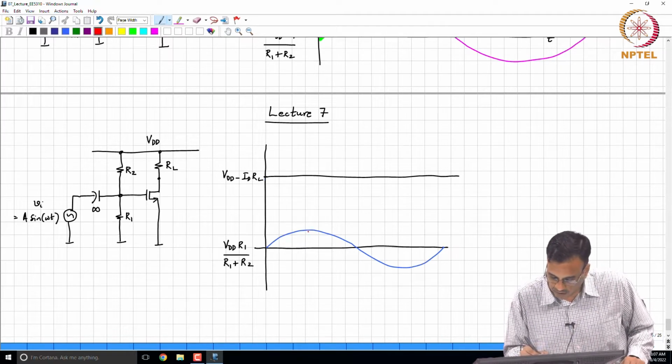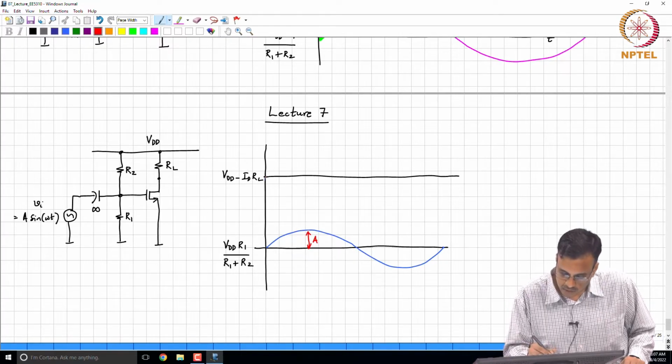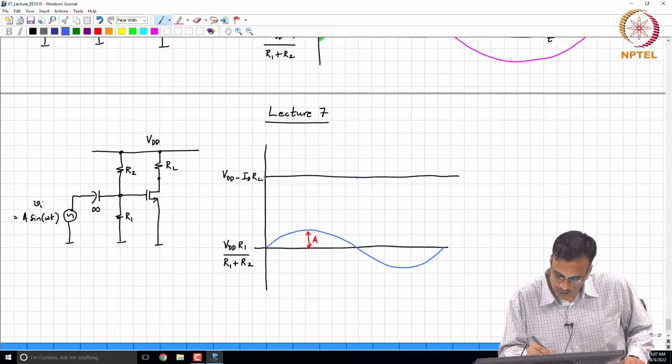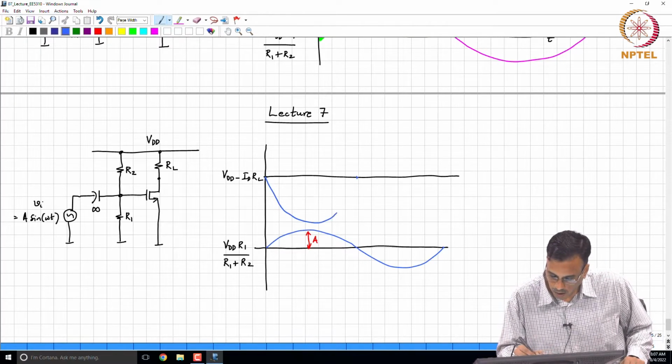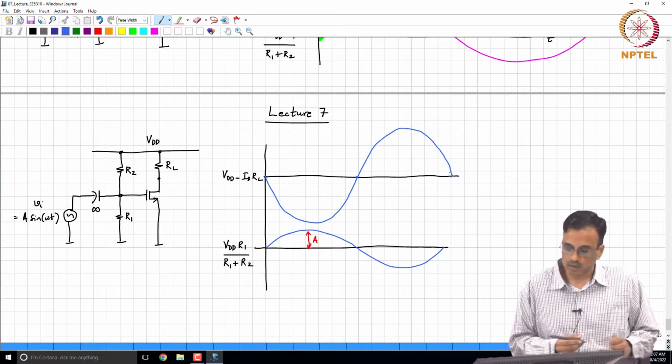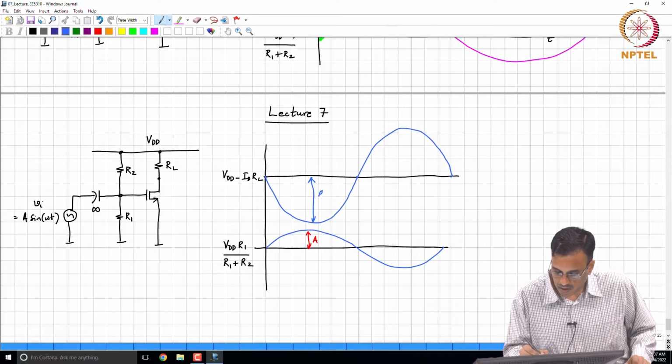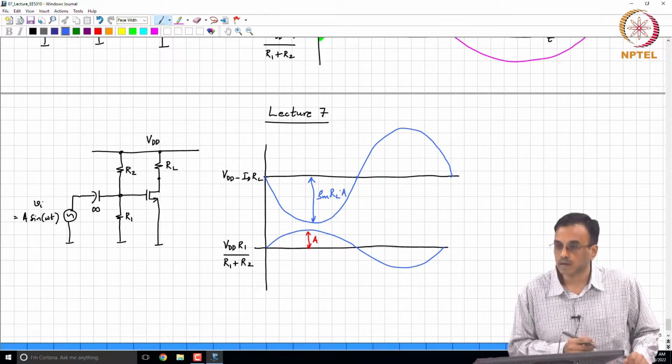So this amplitude, that distance, is A, and this distance must be GM RL times A.